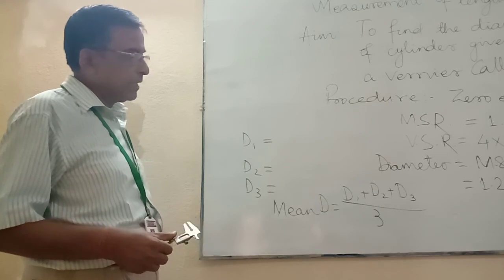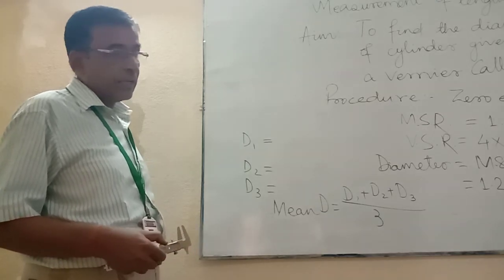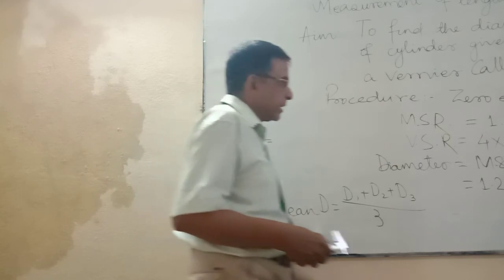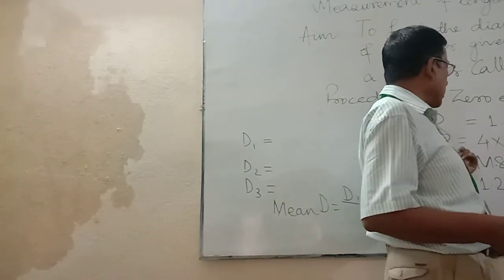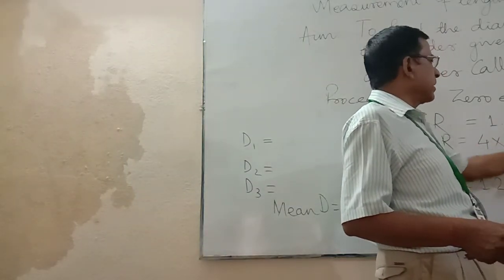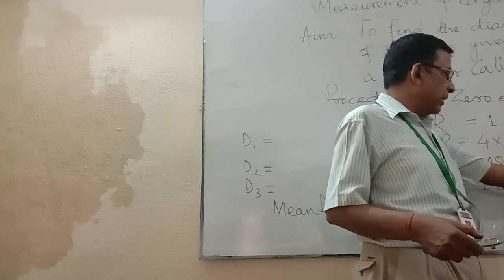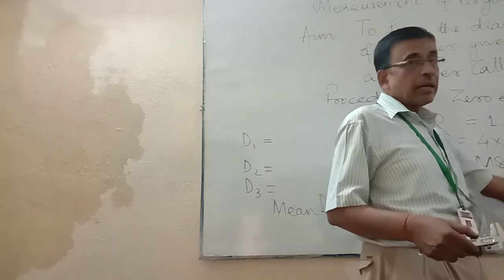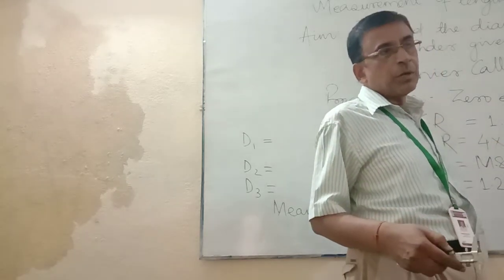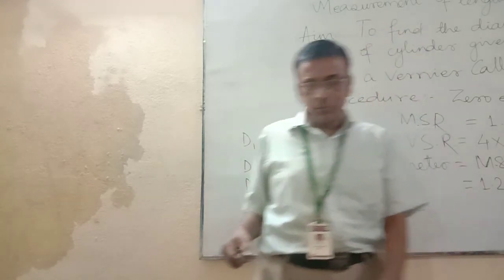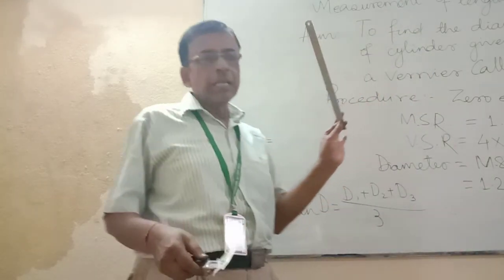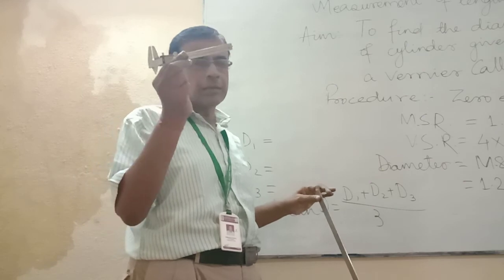You always write 1.20 when you are getting coincidence at 0. If you are getting vernier coincidence at 0, no need of getting this one, you can also write this one. But you will never write 1.2, because if you have written 1.2, it means you have simply used this main scale. You have not used this vernier scale.